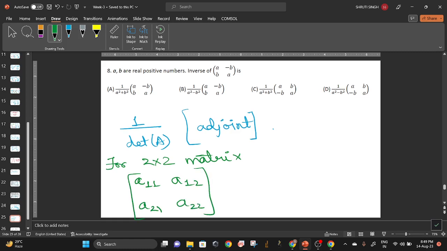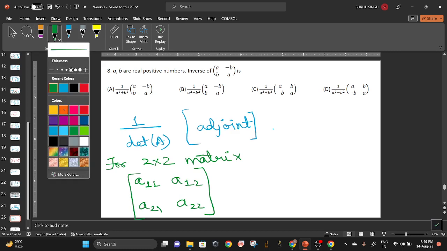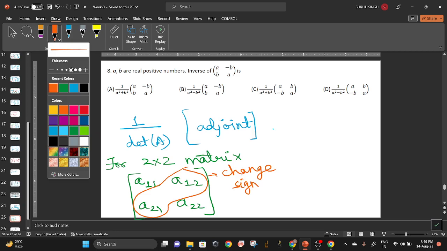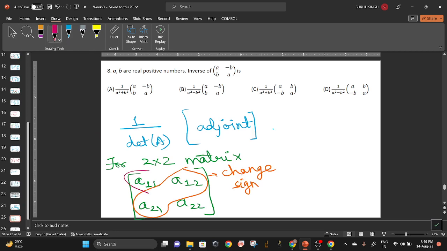What you have to do is change the sign of the off diagonal elements, and then interchange the two diagonal elements.